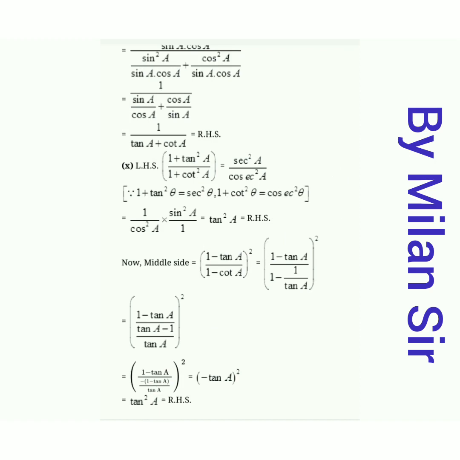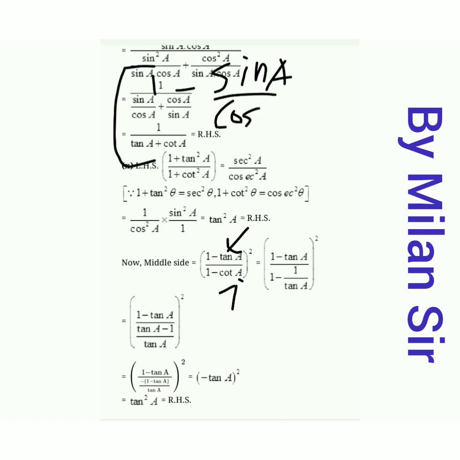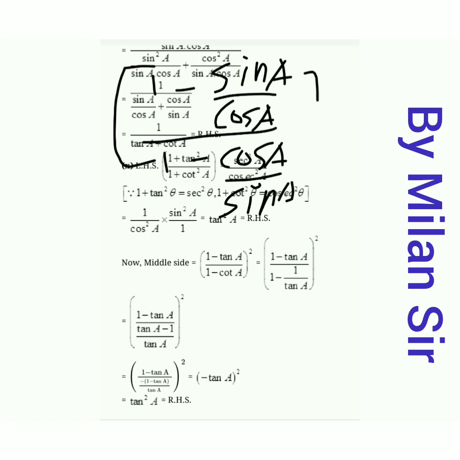put the value of sin and cos again. That means 1 minus, in place of tan A I can write sin A upon cos A, divided by 1 minus, in place of cot A I can write cos A upon sin A, all square.